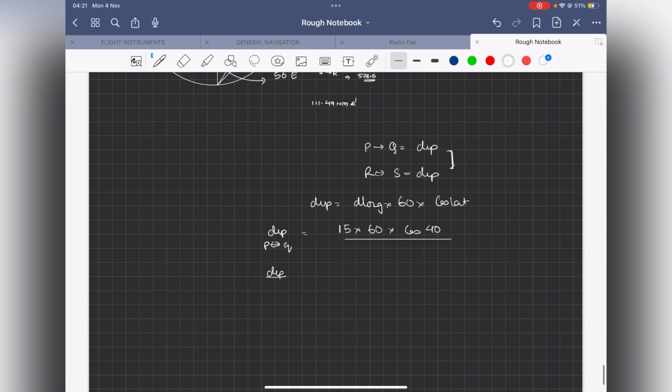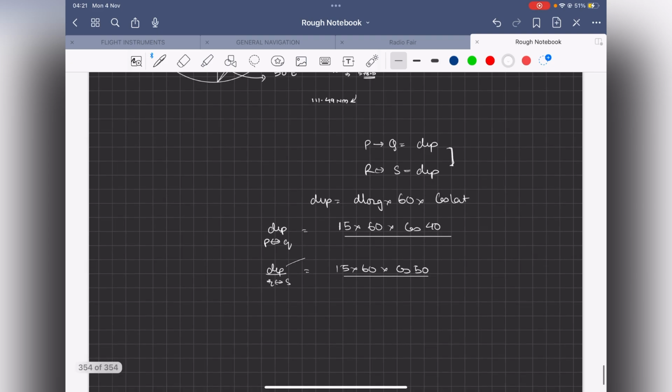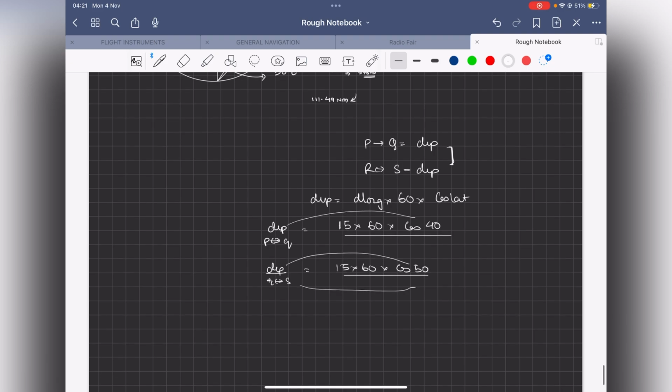Similarly, departure R to S will be equal to 15 into 60 into cos of 50, right? So when you divide it, you'll realize departures are nothing but a function of their cos values, because everything else is common.